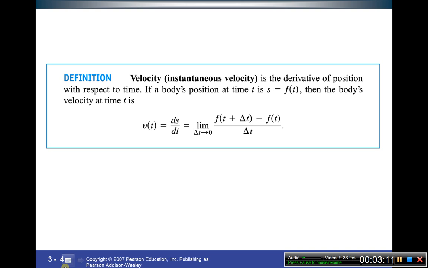Now, we're going to introduce some concepts that we've already talked about a little bit. We have generally talked about s representing the position of a body at time t.